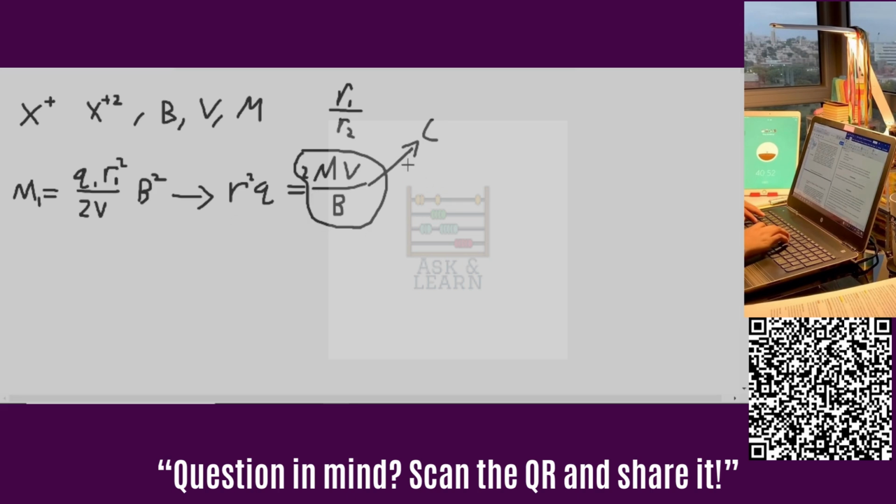The same case happens for the second particle, or for X2, and it'll be equal to the same C. So we have R1 squared Q1 is equal to C, and we'd have R2 squared Q2 is equal to the same C. But C is this, and it's equal to that, so we could also rewrite this equation as R2 squared Q2 is equal to R1 squared Q1.